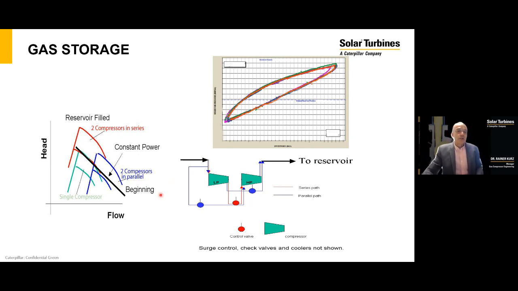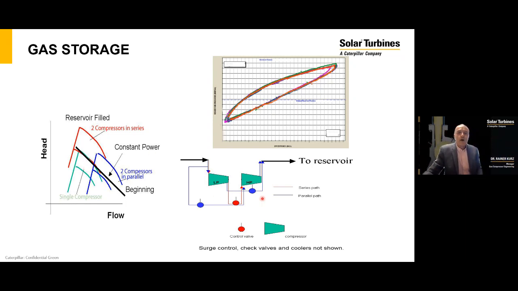And the challenge there is, when you start filling the field, you have a low pressure ratio, but you have a certain amount of power, so you want to increase your flow. Whereas once you start filling the field, even with the same power, your flow will go down because more of your power goes into the work.